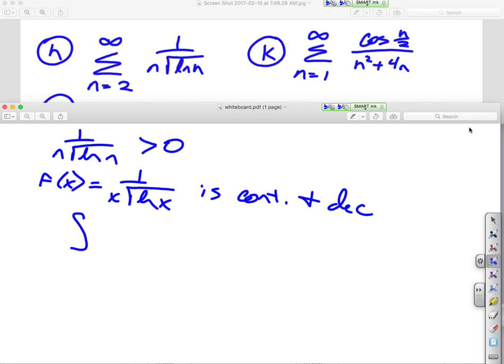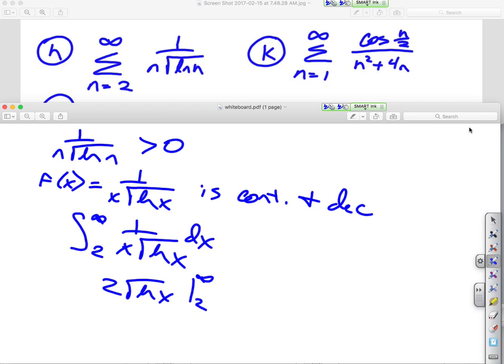So now we want to do the integral from 2 to infinity of 1 over x square root ln x dx. So our u is the natural log of x, which gives me the 1 over x. So I'm integrating the negative 1/2, which turns into positive 1/2 with the 2 out front, from 2 to infinity.